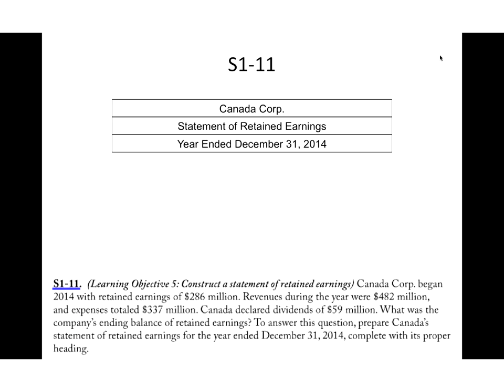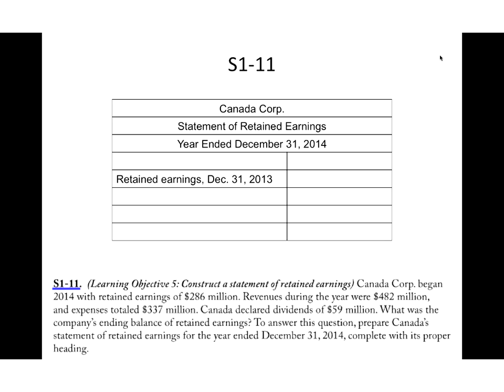Okay, so next up, for the statement of retained earnings, we're going to start with the beginning retained earnings balance. So this says retained earnings December 31st, 2013. Last year's year end is the same as this year's beginning of the year. So typically on statements, you'll see December 31st, 2013.